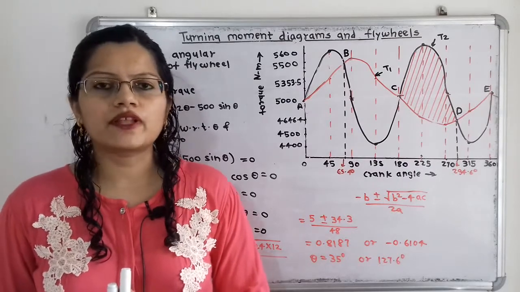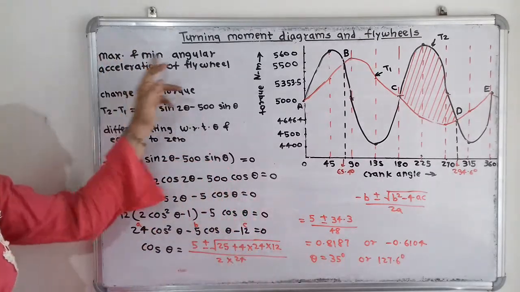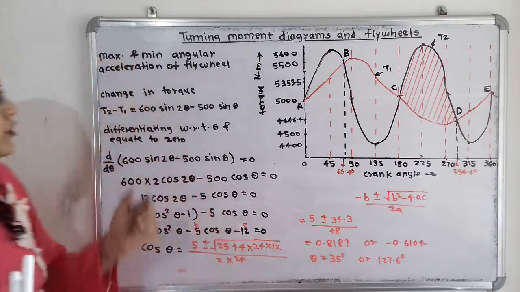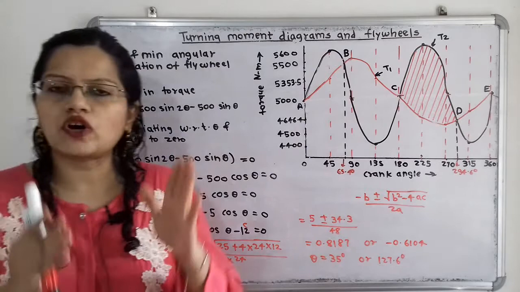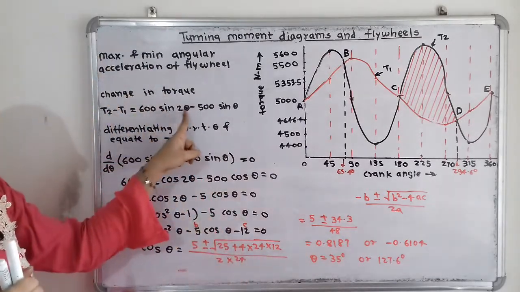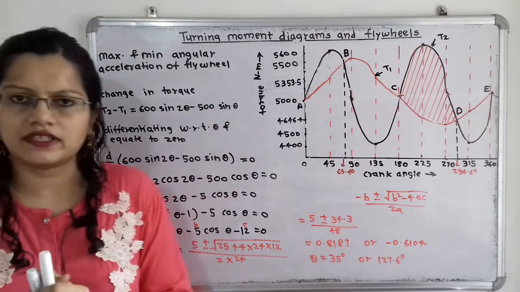Now we move to the third question: the maximum and minimum angular acceleration of the flywheel. We know the change in torque is T2 minus T1, which gives 600 sin 2 theta minus 500 sin theta.